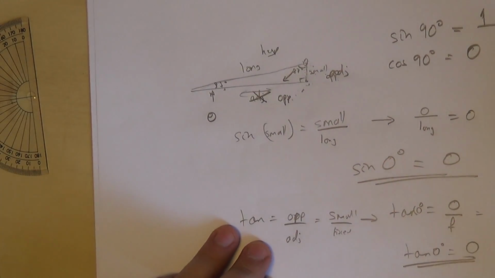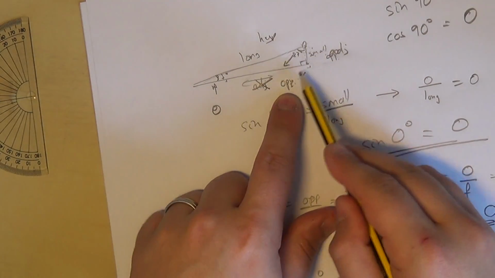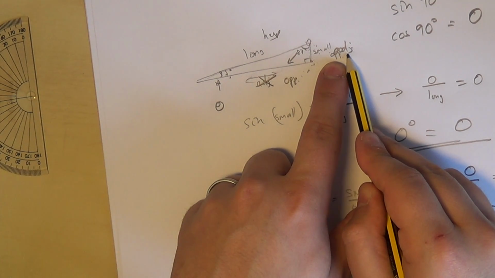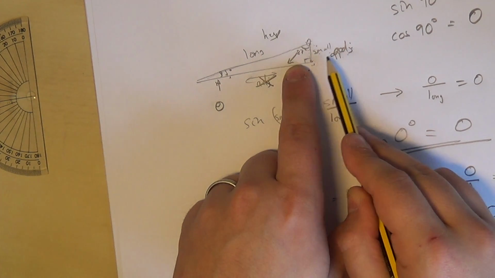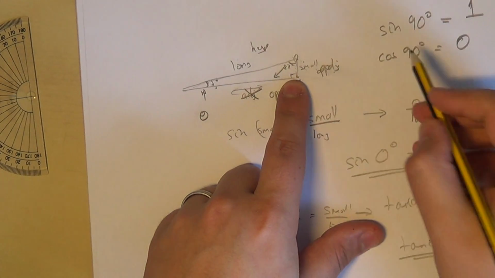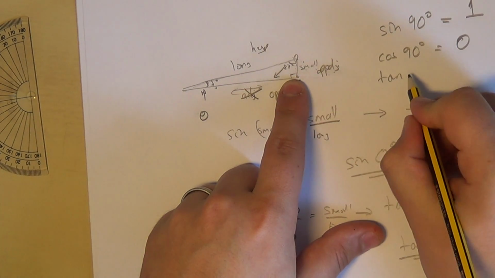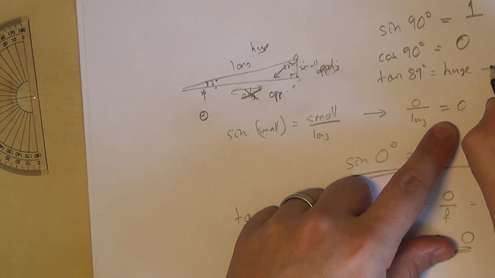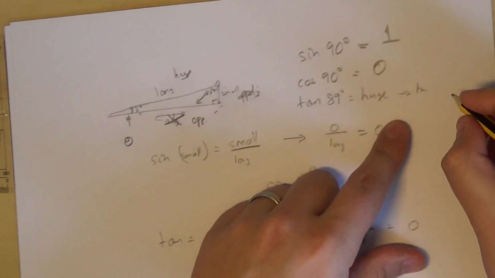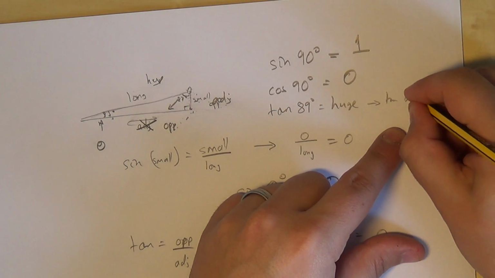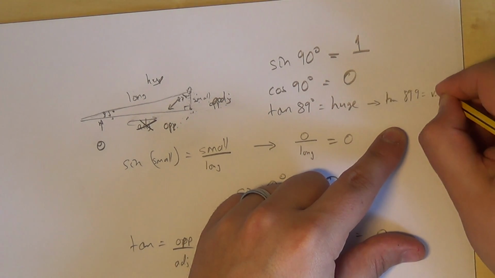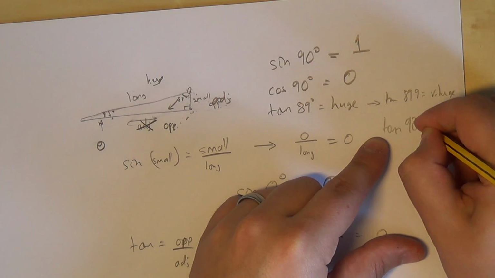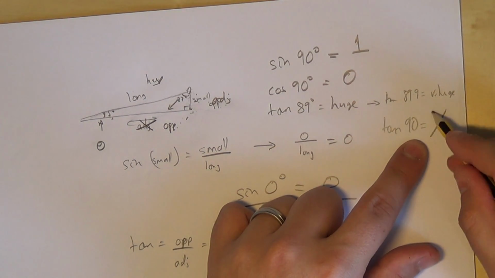So, tan then. Tan is opposite divided by adjacent. So this thing here is shrinking and shrinking, which means at the end we are dividing by 0. So tan of 89 is huge. Tan of 89.9 is very huge. But tan of 90 is not a number.